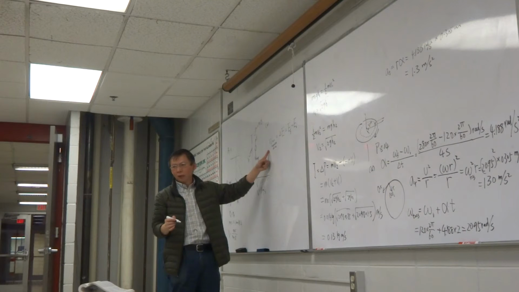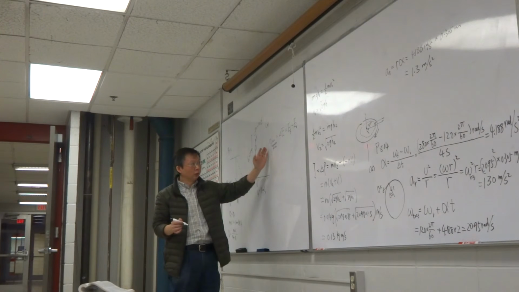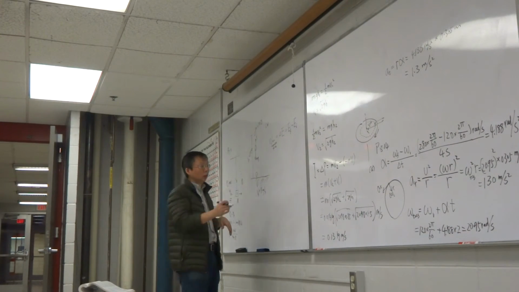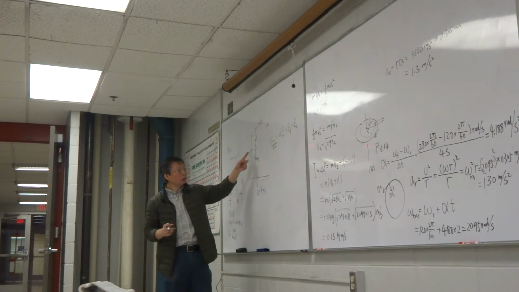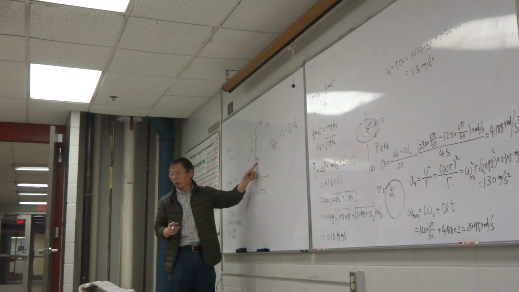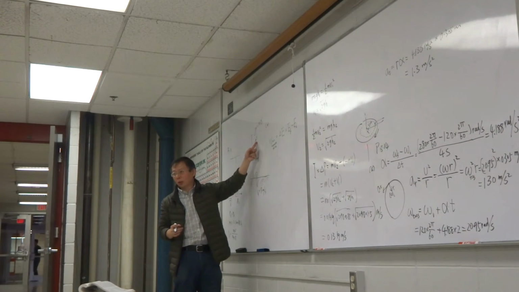I think I derived this formula before, but anyway, we just use this first, then maybe we talk about the derivation. If we use this, the only non-conservative force is just the friction. The gravity is a conservative force, okay? So the only non-conservative force here is just the friction.